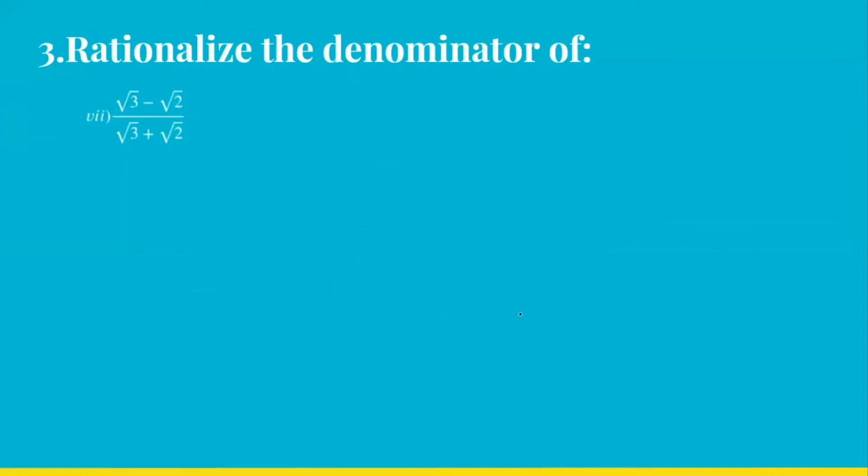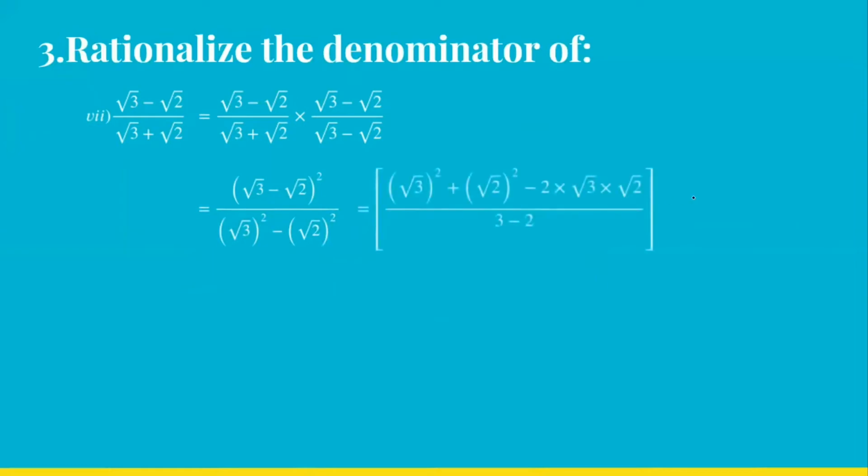Yes, what could be the rationalizing factor? Root 3 minus root 2. Multiplying by root 3 minus root 2, in the numerator you get a minus b the whole square, which is a square minus 2ab plus b square. And in the denominator, we have a plus b into a minus b, which is a square minus b square.